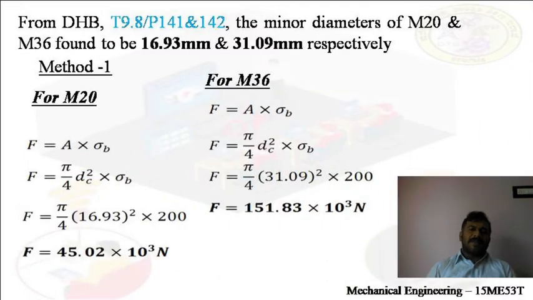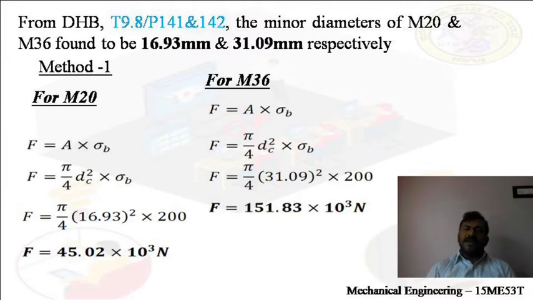This problem can be solved by two methods because two data for M20 and M36 are available in design data handbook. One is core diameter and one is core area. Those are the standard values. We'll refer to them in the design data handbook.